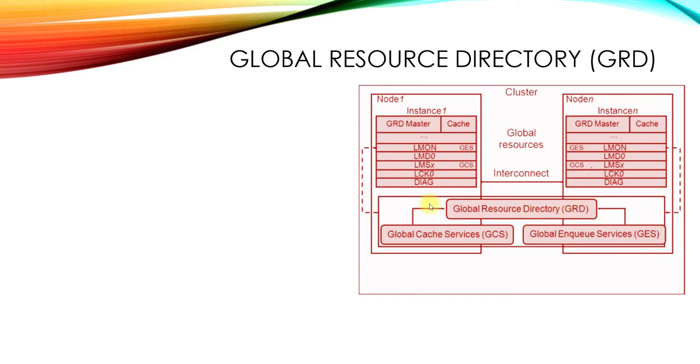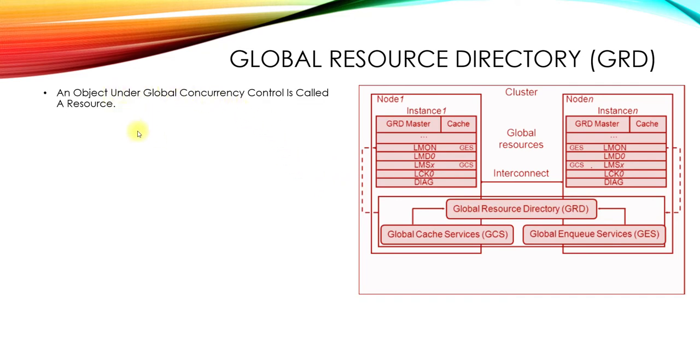These are available on both nodes and use the interconnect to send and receive the buffers, and protect those buffers as well as objects on every node. That's how the concurrency control works. We will see everything in depth. So let's define what is the global resource directory.